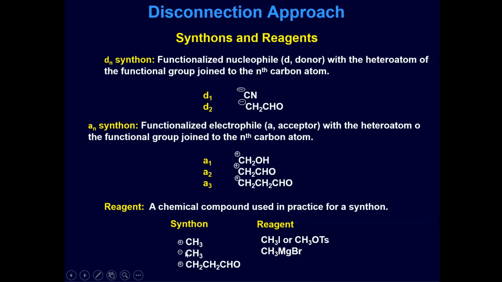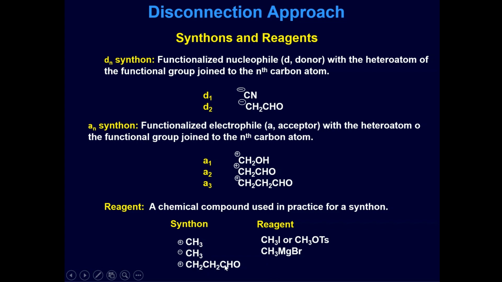If I want CH3 minus, I can use CH3MgBr, a Grignard reagent. As carbon is attached to a metal like magnesium, which is more electropositive than carbon, it donates the electron to carbon, and that's why it becomes electron rich. If I dissociate it, it gives CH3 minus as the synthon.